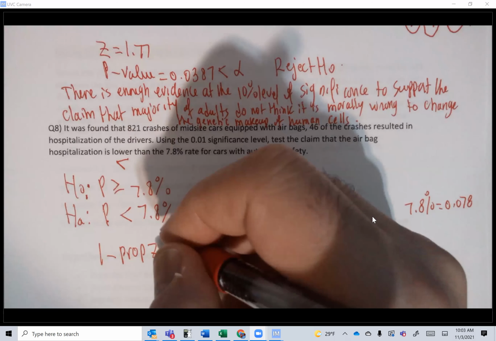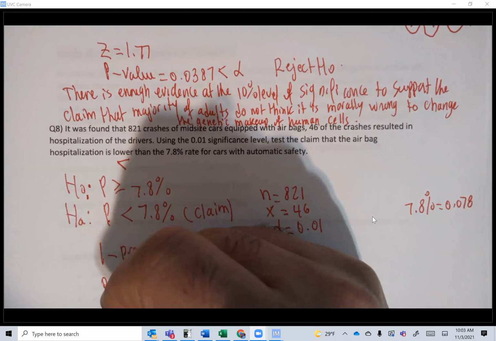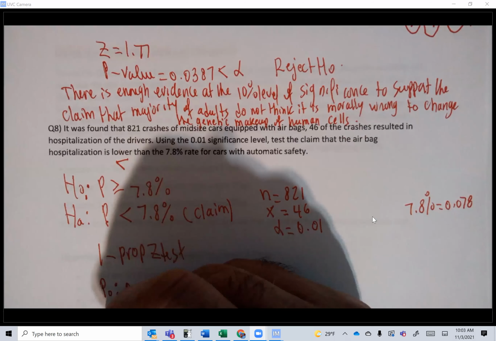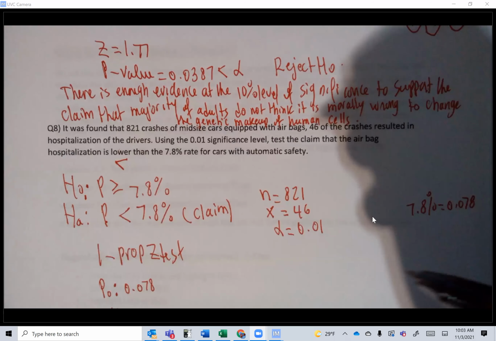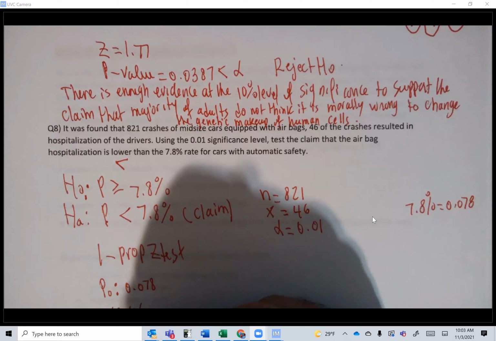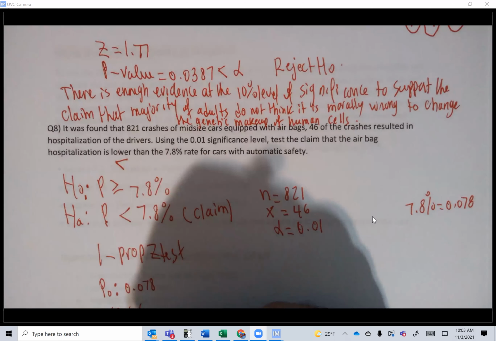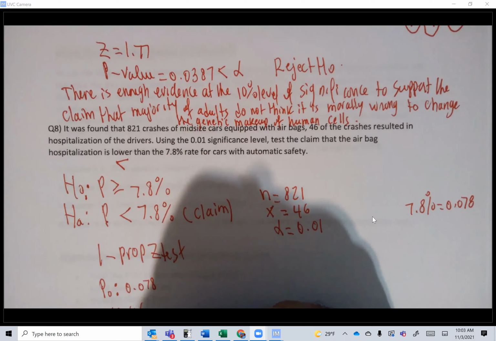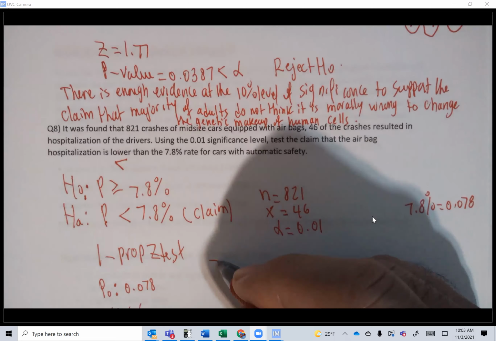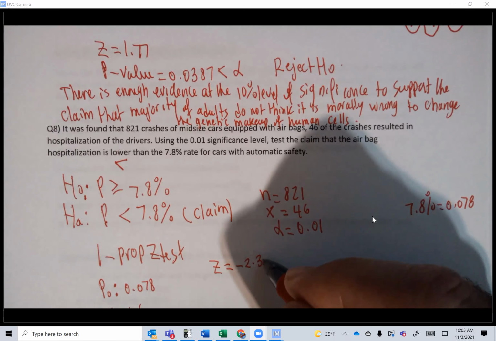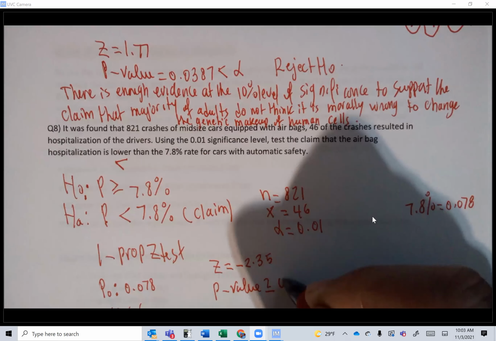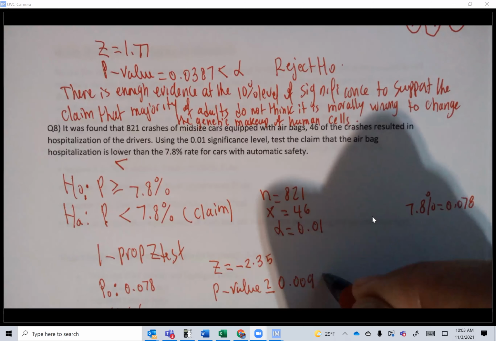I'm just going to put the steps, what we did here. X is 46. N is 821. And we selected the less than. So we get Z is -2.35. P-value, that's very low, guys.